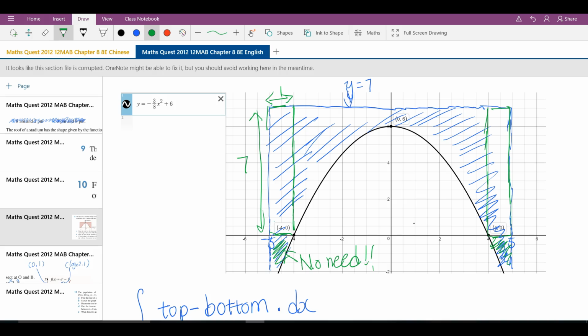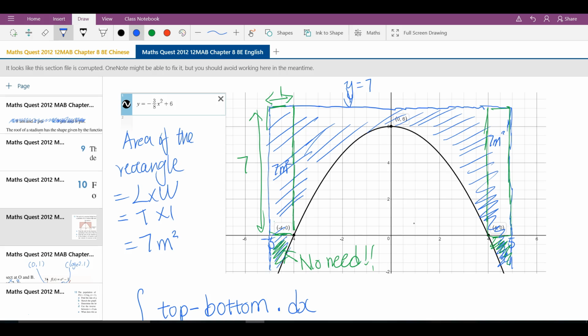So the area of the rectangle is equal to length times width, which is 7 times 1, equal to 7 meters squared. And same as here, so the same will be here, 7 meters squared.